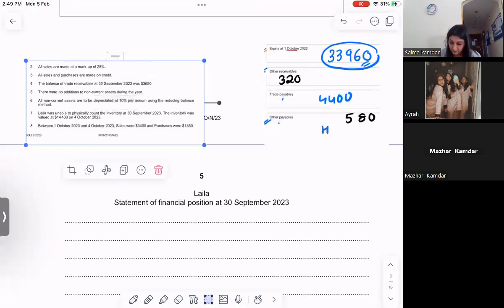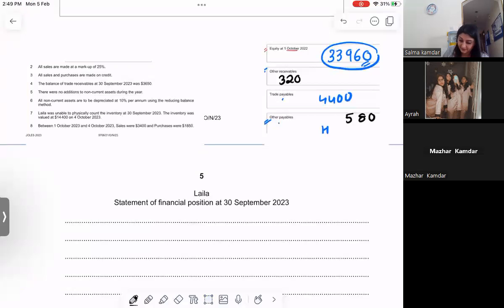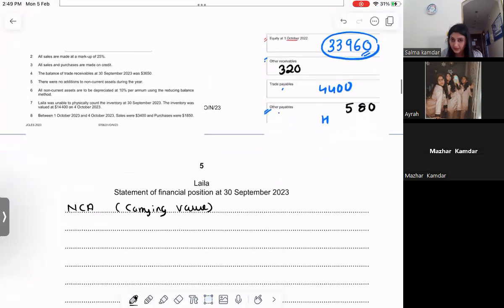I am making my statement of financial position. First thing, I will have non-current assets. This is at carrying value. What was it? It'll be 19080.